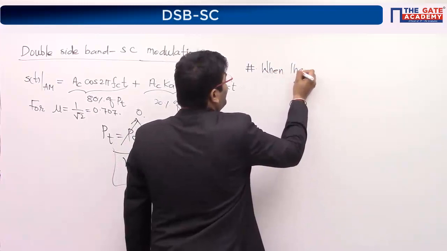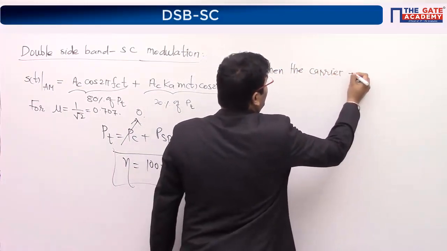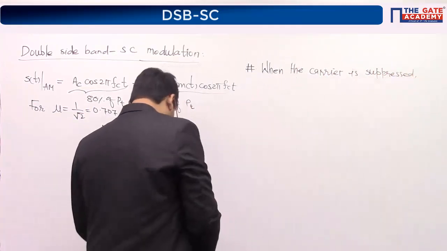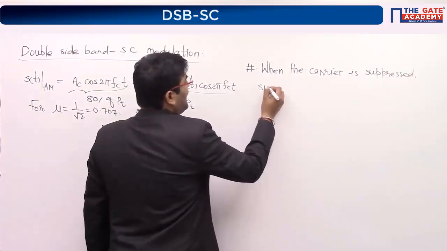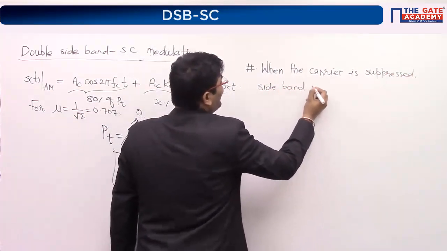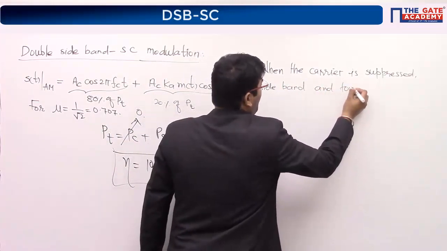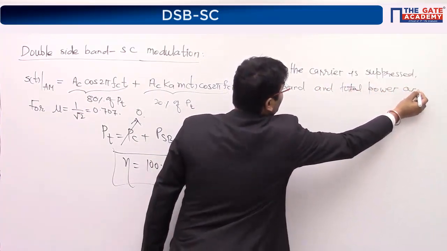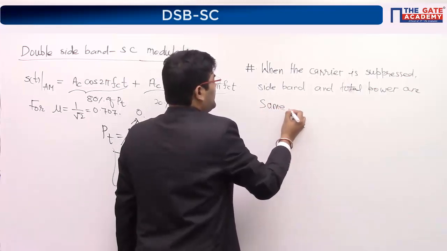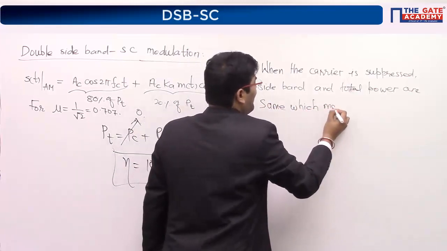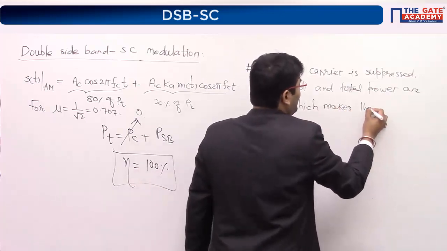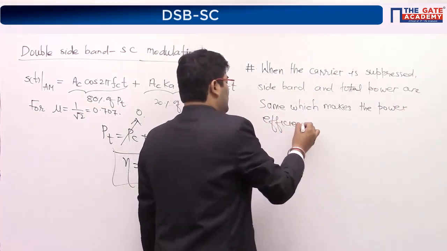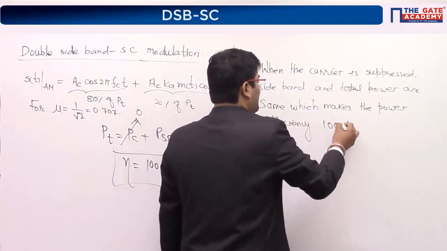When the carrier is suppressed, sideband power and total power are the same, which makes the power efficiency 100%.